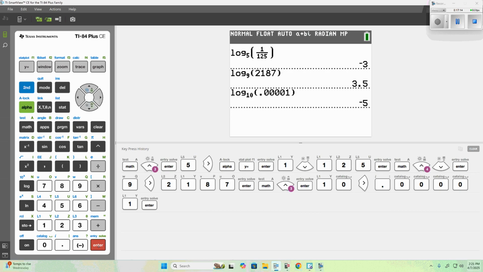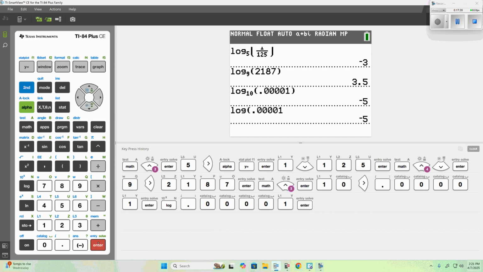So I could have also said log 0.1234 and got the same thing. Since the base is understood to be 10, we can just use the log button on these here.